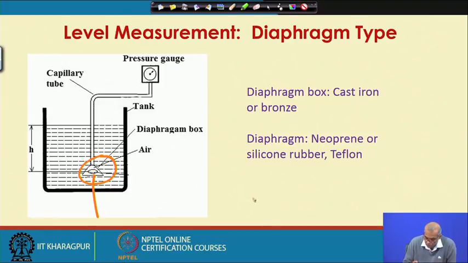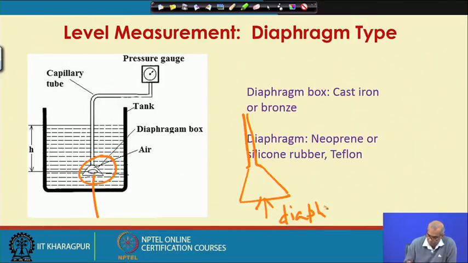This is the diaphragm box, and this is the diaphragm. Now, this diaphragm is connected by a capillary tube to this pressure gauge.